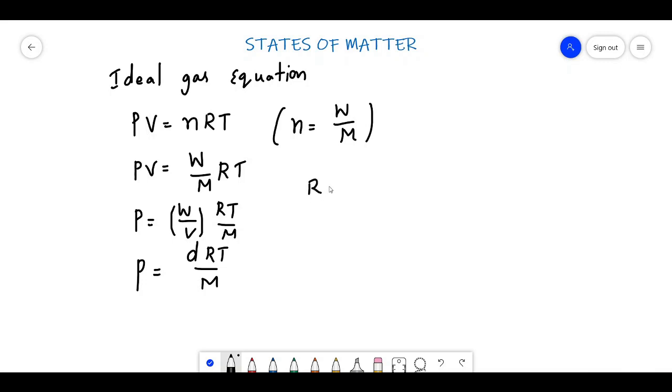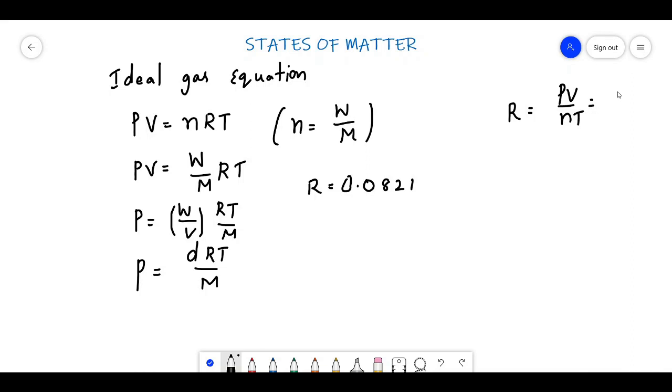The R value you can remember as 0.0821. And if you want the units of R, you can calculate them. R is equal to PV by nT.